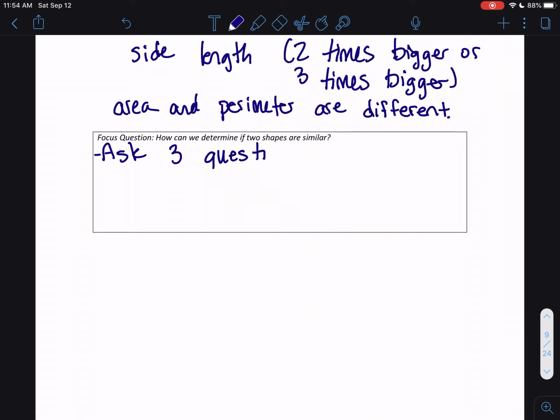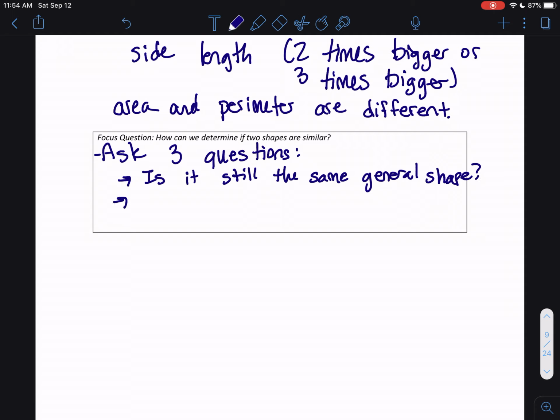The 3 questions are: Is it still the same general shape? Next, are corresponding angles equal?